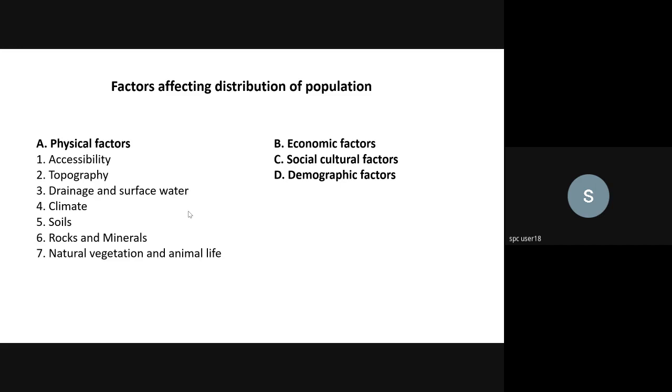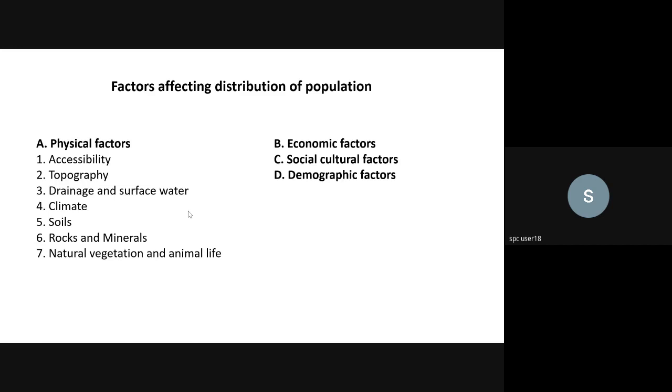That's why I posted you a small advance note as far as migration is concerned. Nowadays, migration is playing a major role in distribution of population, particularly in the so-called developed countries like the US and Canada.